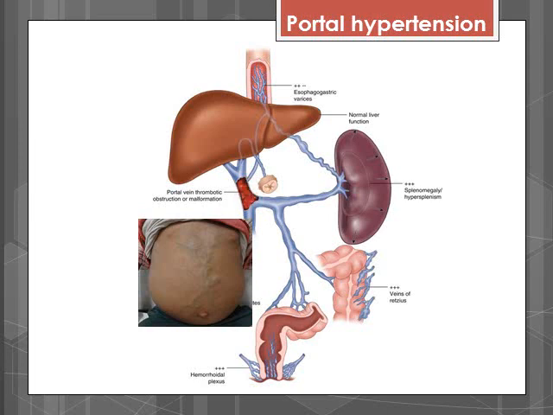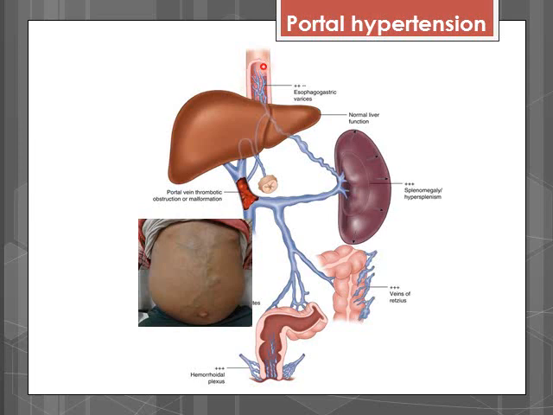When the pressure is elevated and venous enlargement occurs, this enlargement occurs mainly around the sites of portosystemic anastomosis, and this is called esophageal varices if it occurs in the lower end of the esophagus, or caput medusae if it occurs at the umbilicus, or hemorrhoids if it occurs at the lower end of the rectum.